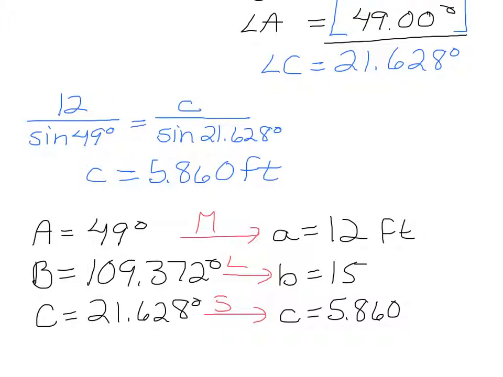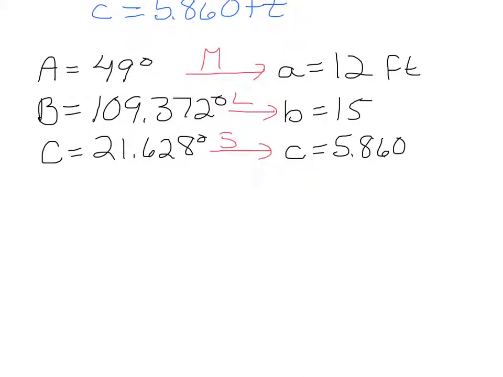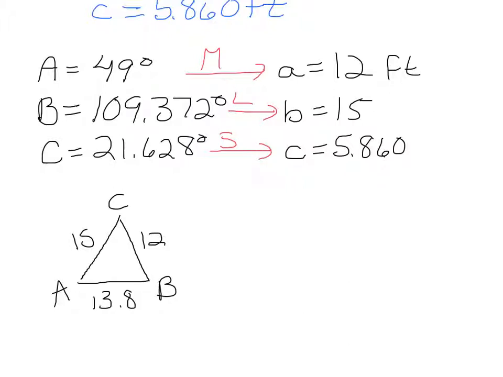So what we came to then is two possibilities that look like this. We have possibly this scenario, 15, 12, and 13.8, A, B, C with the appropriate angle measures, or this, where 15 is the longest, this one's the shortest, and this one's the medium now.